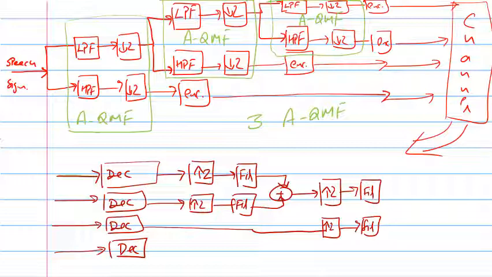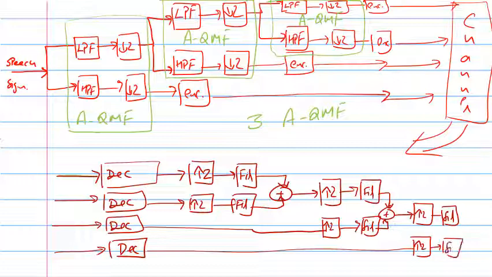Okay, then these two will get added, and this will be upsampled by 2, and then we do a filtering, and again this part will be upsampled by 2, then a filter. Okay. Then these will get added and produce the output.